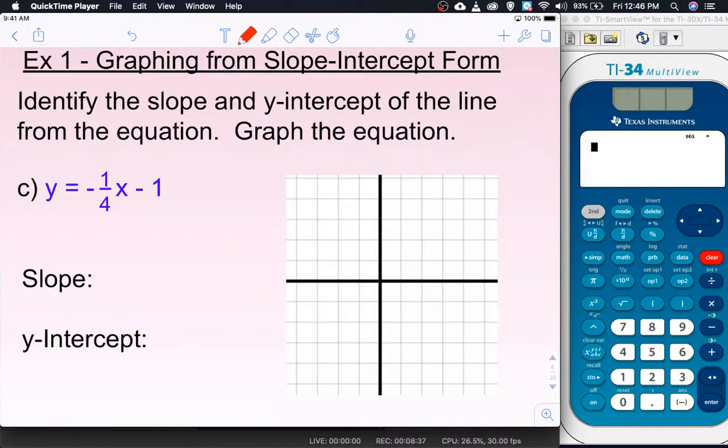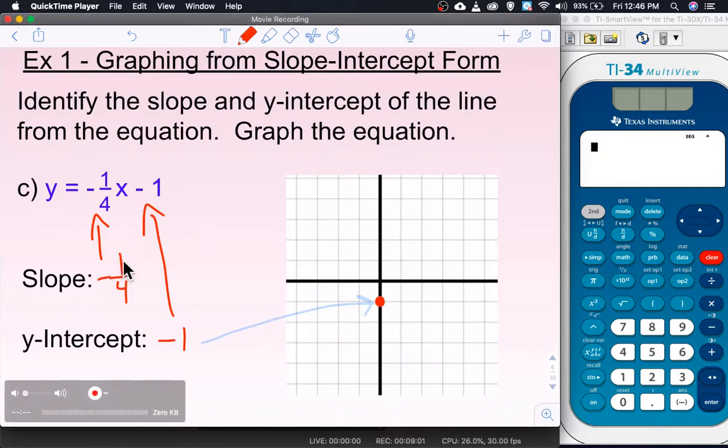All right, so our slope should be -1/4, and your y-intercept is -1. Those are those values. To graph that, I'm going to put a dot on my y-intercept of -1. So that's my y-intercept. And then I'm going to move the way the slope tells me to move. The slope tells me to go down 1 over 4.